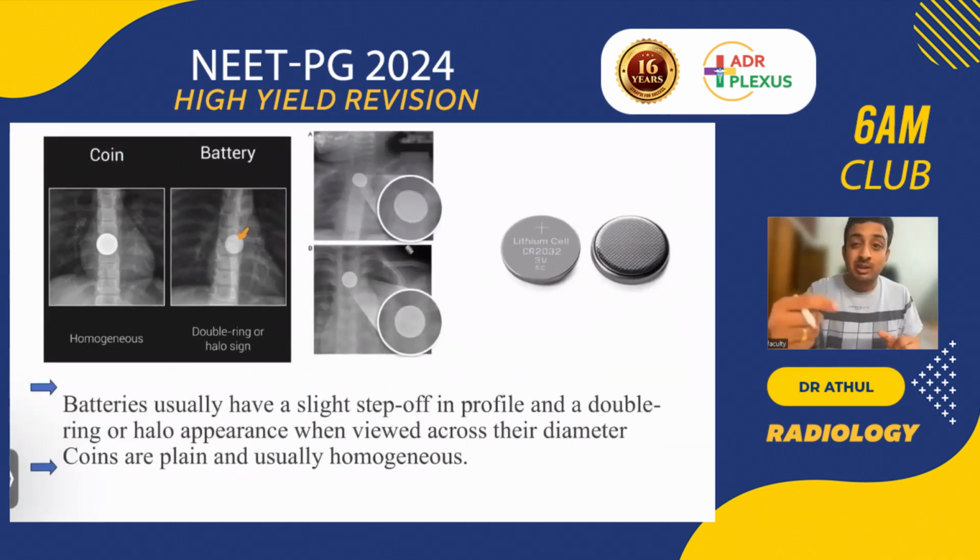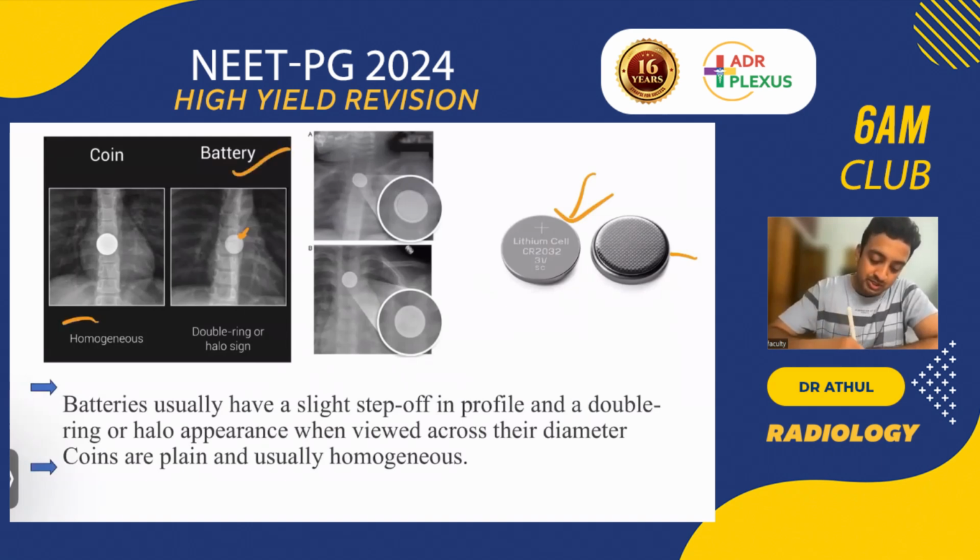And remember, button battery can release alkalis resulting in perforation of the esophagus. So only the important things will be asked in the exam. So if they ask you to find out, make sure it is not a button battery before you choose any other option. If you are seeing a halo like this, then it is the double halo sign. That means it is a button battery. Coin is usually homogeneous. So these are the concepts that you should remember when you deal with foreign bodies.